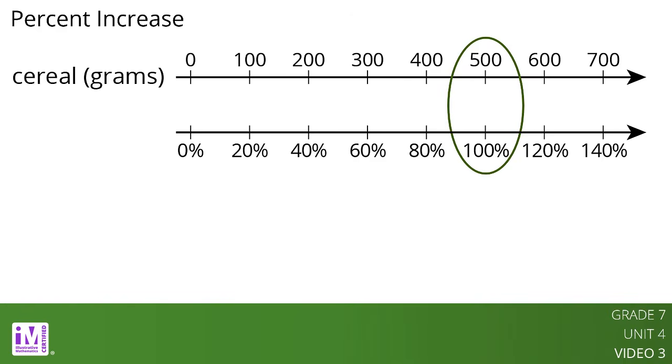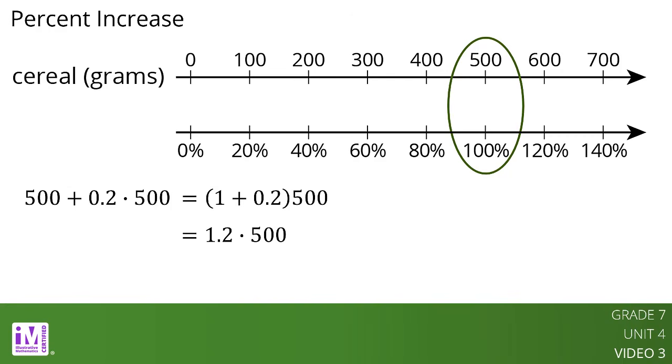We can find a 20% increase to 500 by adding 20% of the 500 grams. 500 plus 0.2 multiplied by 500 equals 1.2 multiplied by 500, which equals 600. In the diagram, we can see that 600 corresponds to 120%.